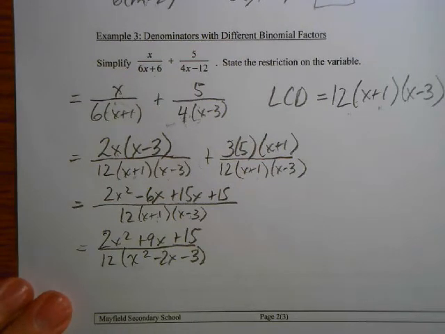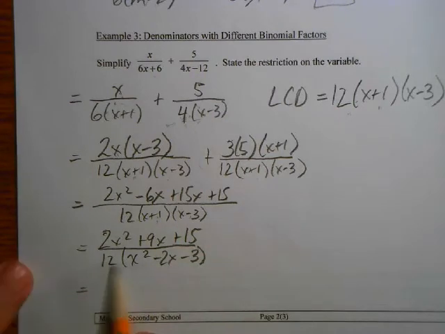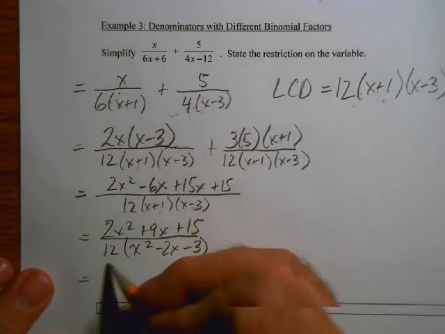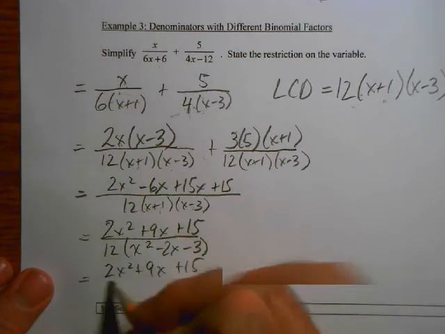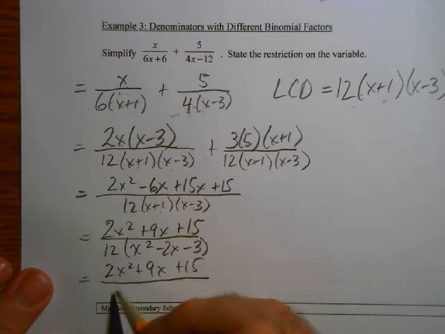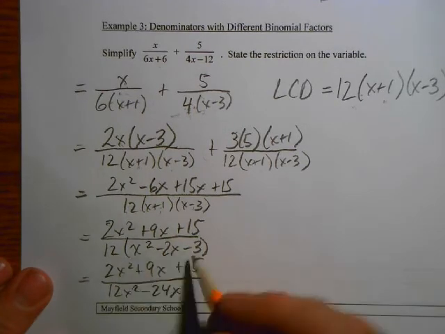Okay, yeah, and on the top there's no common denominator, so I'm just going to finish this off by multiplying the denominator part by 12. So I have 2x squared plus 9x plus 15 over 12x squared minus 24x minus 36.